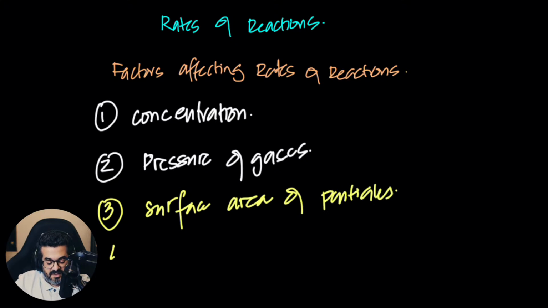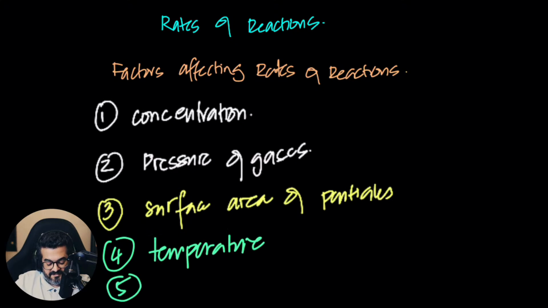Factor number four is temperature. And number five is catalysts. These are five factors that affect either greater collisions or a greater proportion of successful collisions. That's what we have so far.